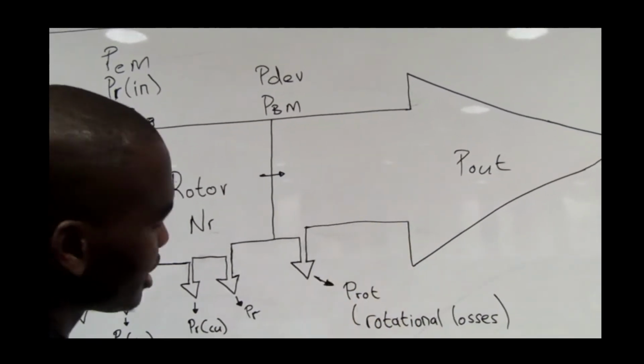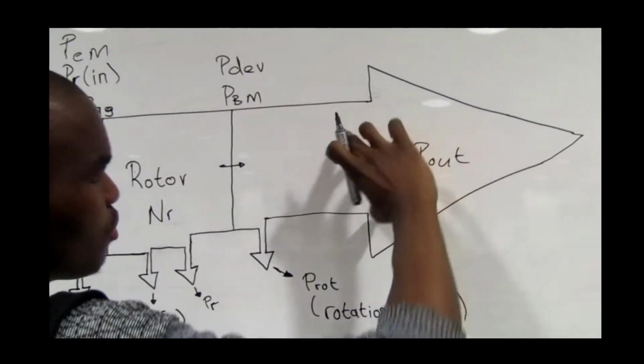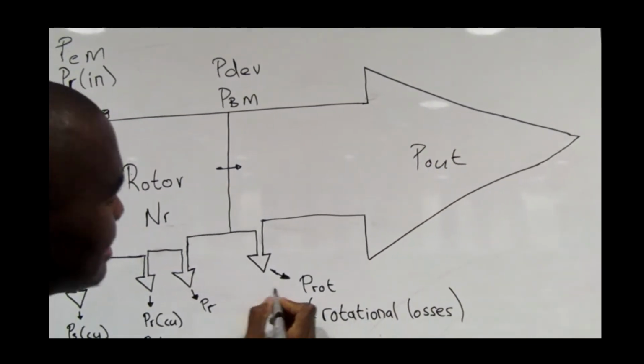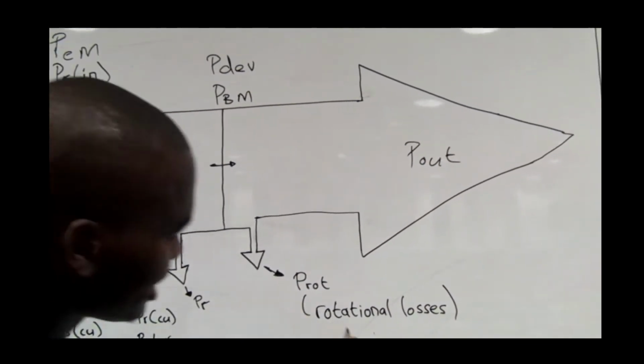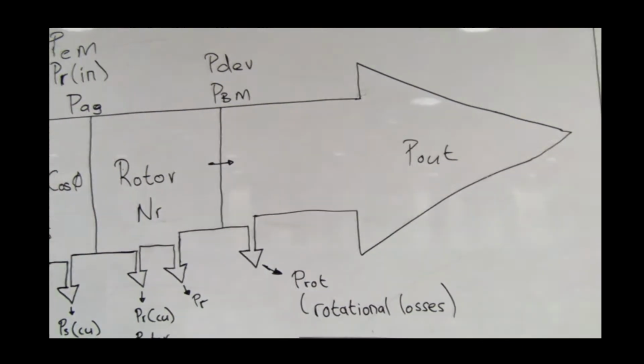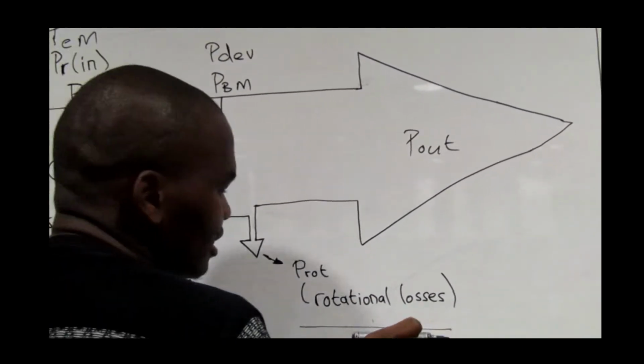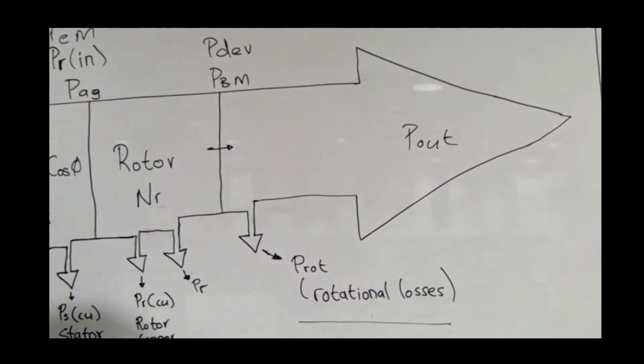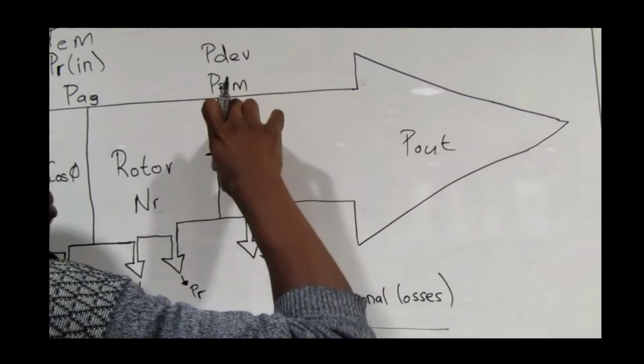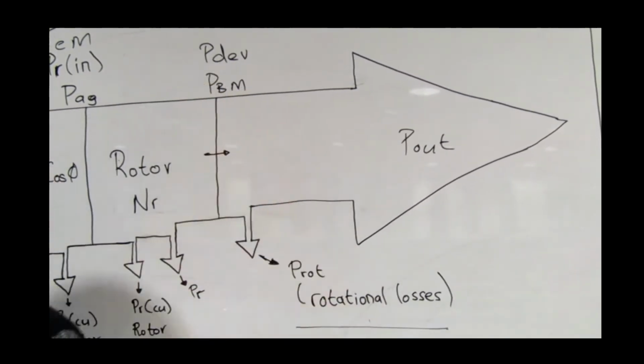Before we even reach the total output, it suffers the rotational losses again. These are the losses that occur after we have the output power, which is the P developed.